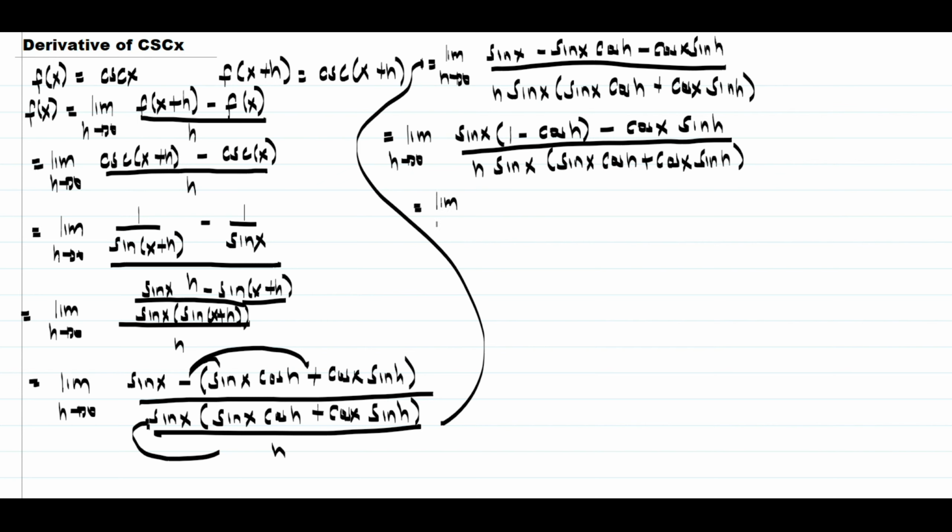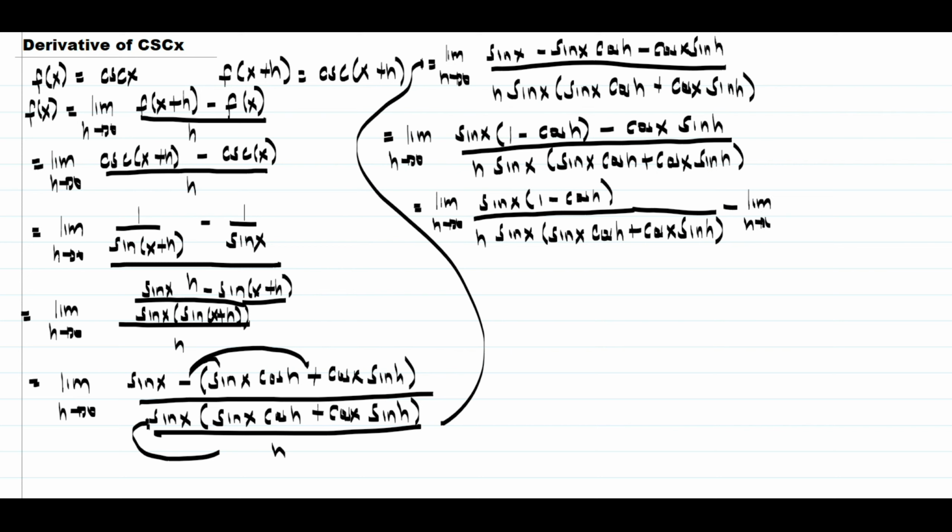This will give us limit h approaches 0 of sine x times 1 minus cosine h all over h sine x times the quantity sine x cosine h plus cosine x sine h, and then minus limit h approaches 0 of cosine x sine h all over h sine x times the quantity sine x cosine h plus cosine x sine h.